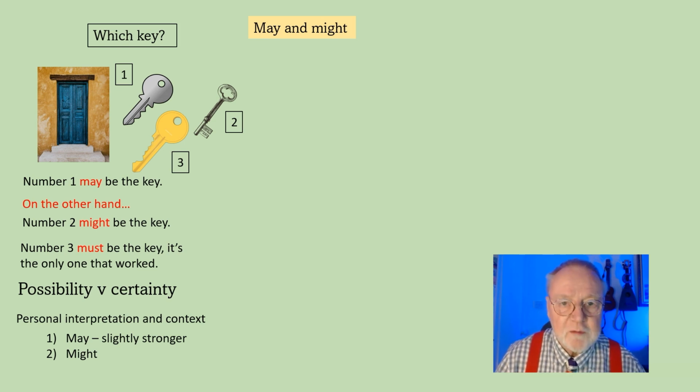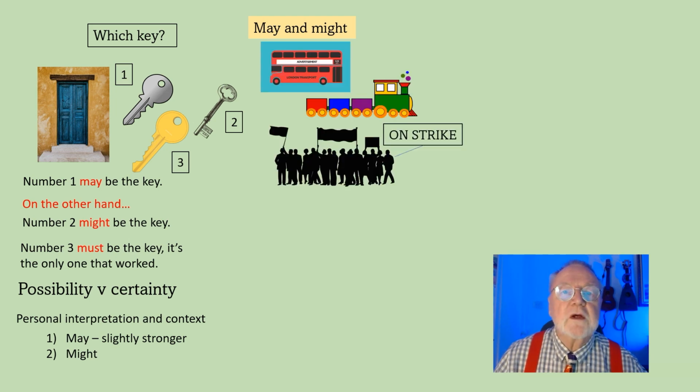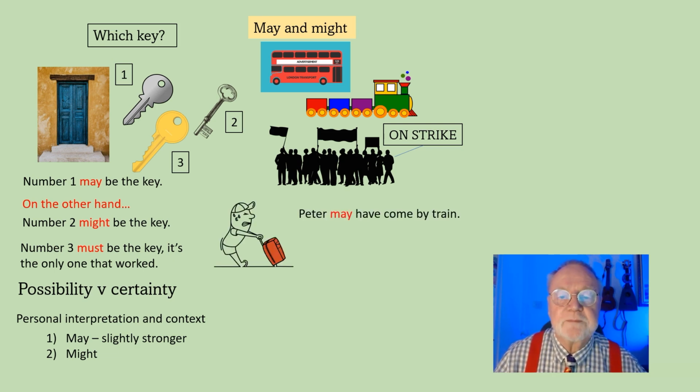I know that's not helpful in grammar terms, but I'm afraid it's just the way it works. You just have to become familiar with may and might. So we'll say may is slightly stronger and might is less so. Look at this example. We've had a lot of train strikes and some bus strikes in England recently. And here's Peter. What could we say about Peter?